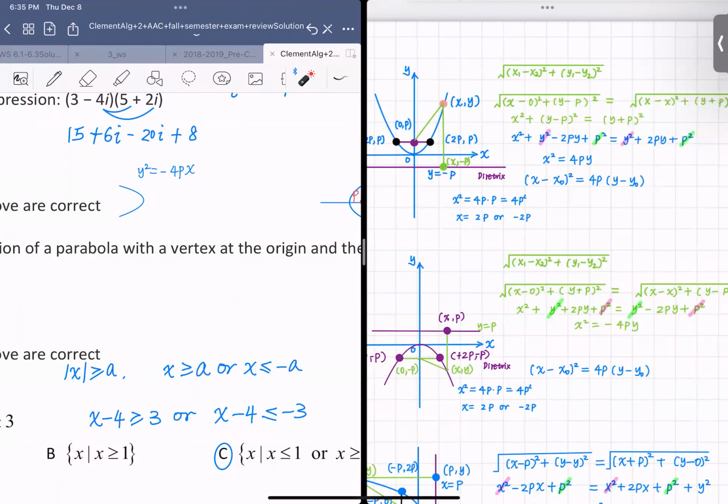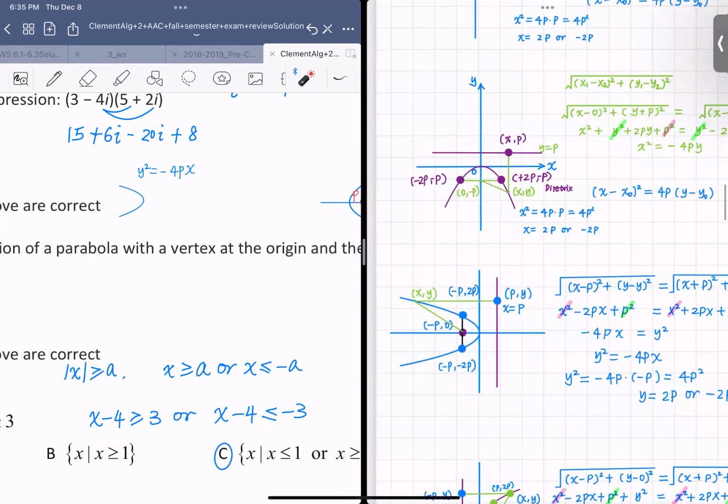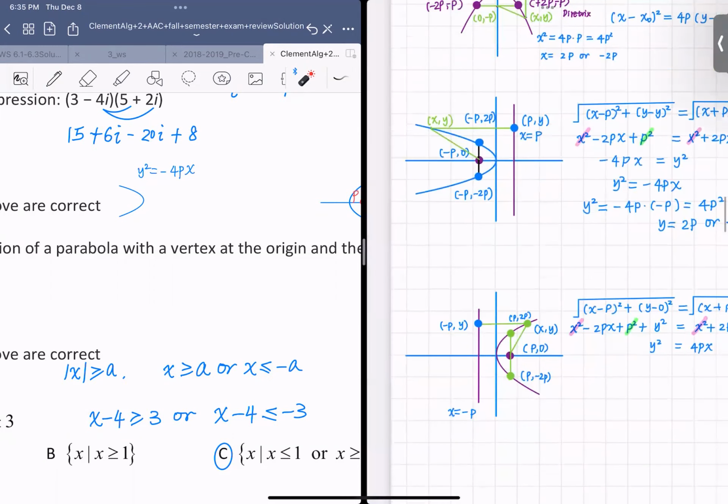As long as you truly understand the 4 different shapes. Opening up is x squared equals 4py. Opening down is x squared equals -4py. Opening to the left is y squared equals -4px. Opening to the right is y squared equals +4px.